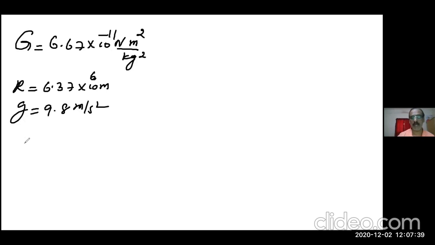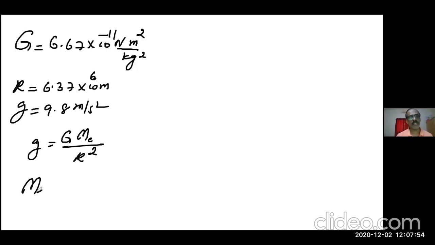First, let us calculate mass. Capital G is the gravitational constant. g is equal to GME divided by R squared. Any doubt? No, sir.